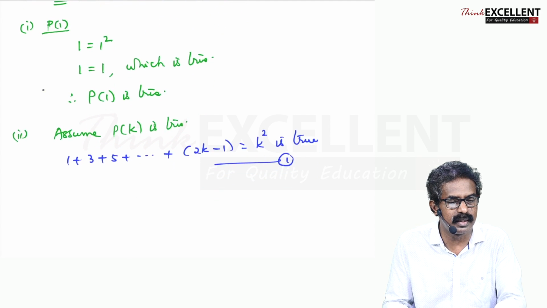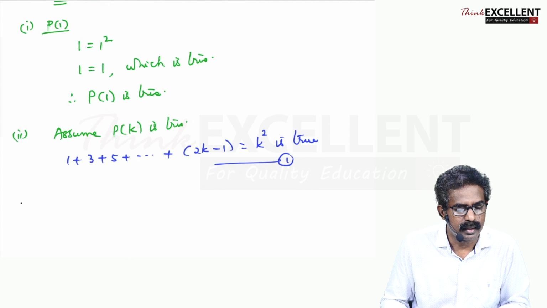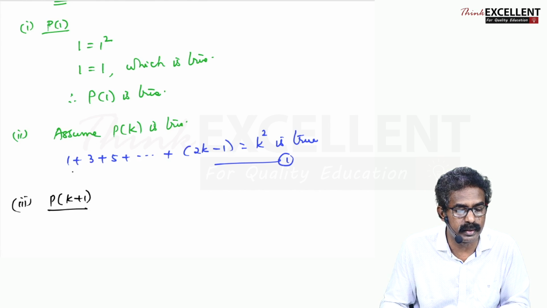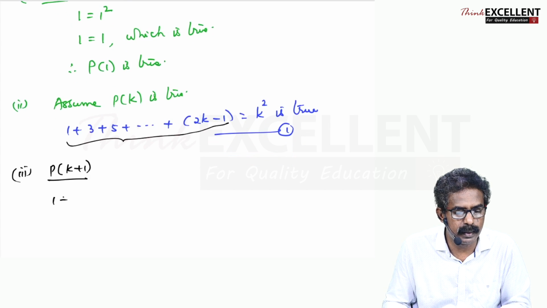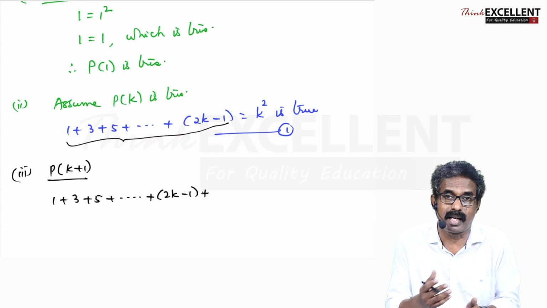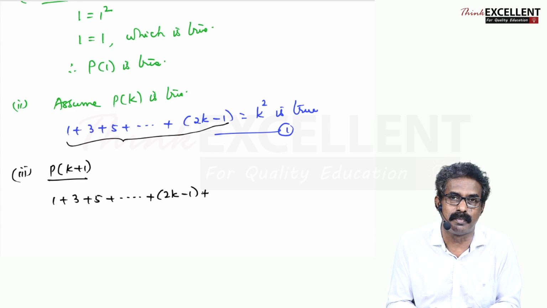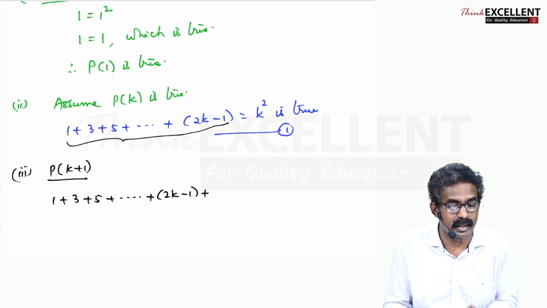Now let's see the third step. Third step is P of k plus 1. P of k plus 1 means you copy these k terms first. So that is 1 plus 3 plus 5 plus etc. up to 2k minus 1, plus add one extra term. You add the next term. How are we getting the next term here? Be very careful.